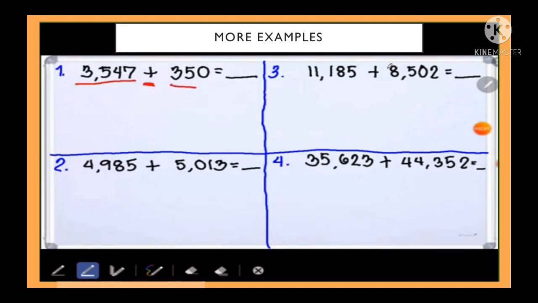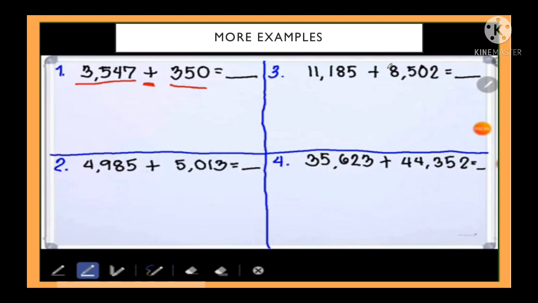Plus 350. Good job. And then we will just follow the steps we did in our first video. Alright? So we will line up first. We will line up the numbers. Put it in blue, okay.